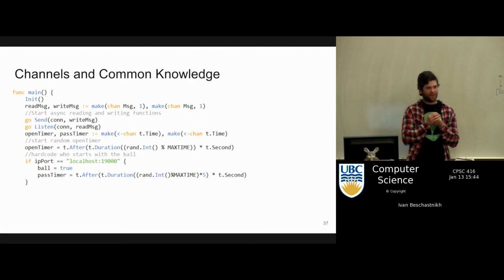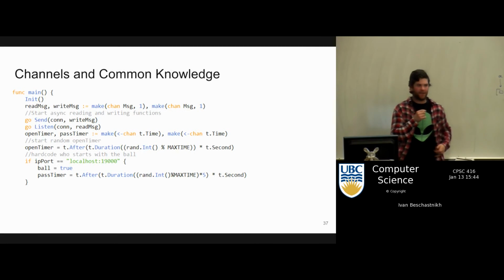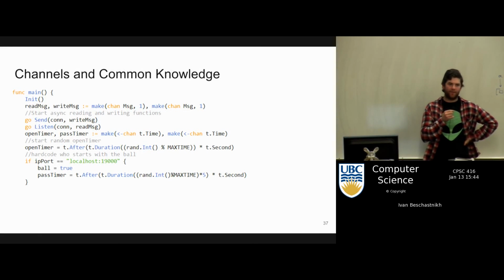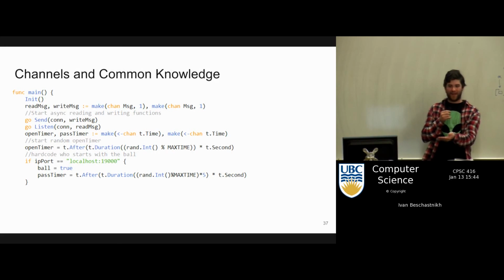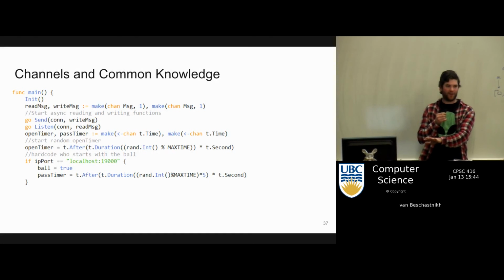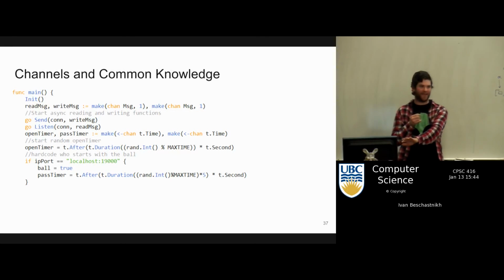Common knowledge is sort of a weird thing. It's well defined in distributed system literature, so I'm not going to go totally into it. But the idea is that there are some things that are essential in the bootstrapping mechanism that every node in the system will know. So in this, everyone knows that if you have IP port localhost 19,000, it starts with the ball. We've set it up so that ball is equal true. That's initializing.